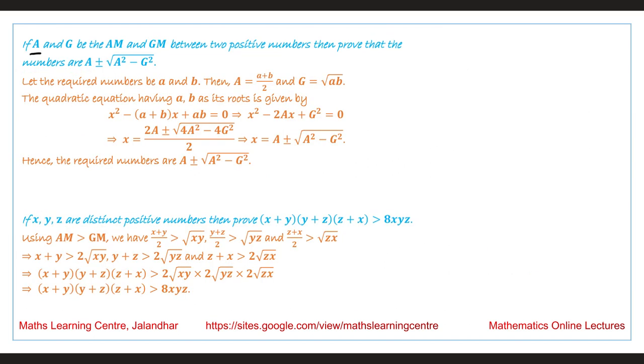Next is, if A and G are the arithmetic and geometric mean between two positive numbers, we have to prove that the two numbers are in this form, that is A plus minus square root of A square minus G square.